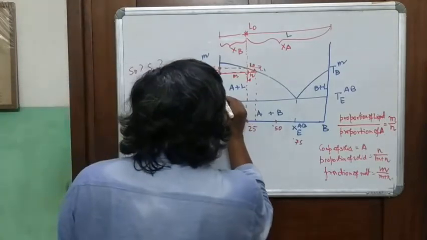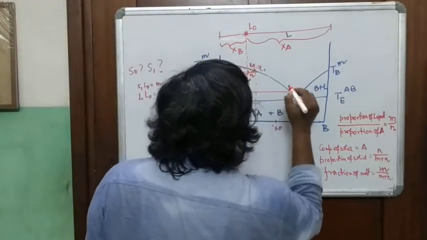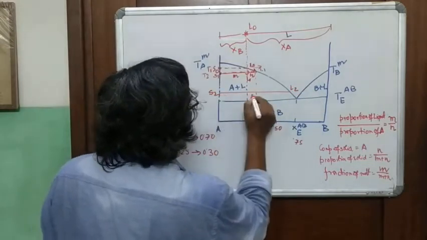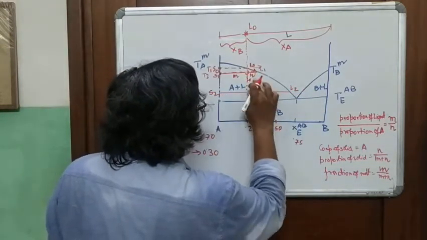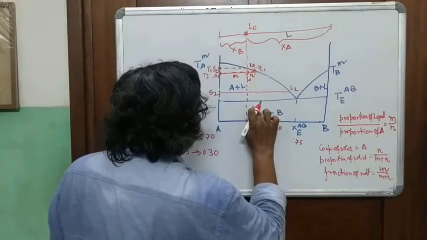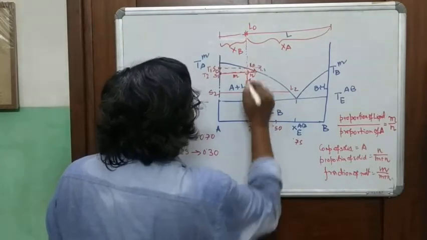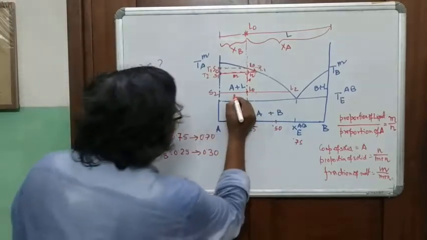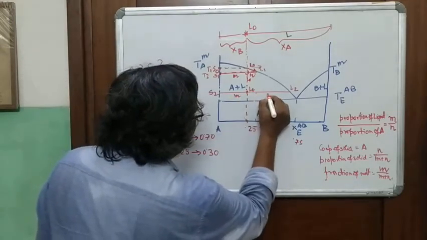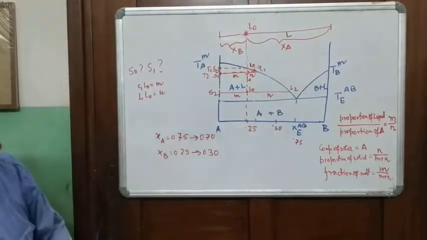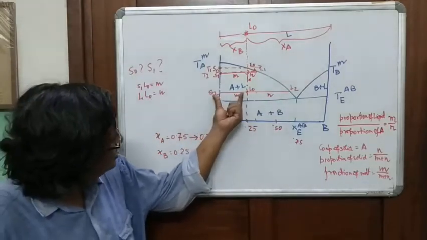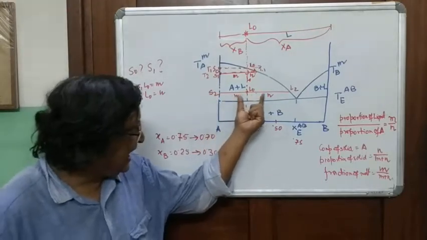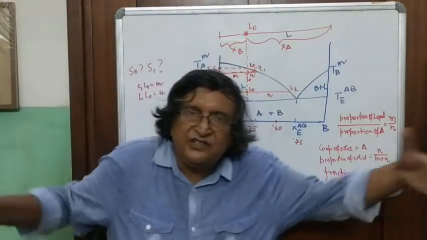So let's say we take a point here. Say, let's say this is L2, so you will have S2, and here you see is the same line. Initially, this is L0. So now you can see, this is M, and this is M. So you see, the length of M is not changing, but the length of N is increasing.